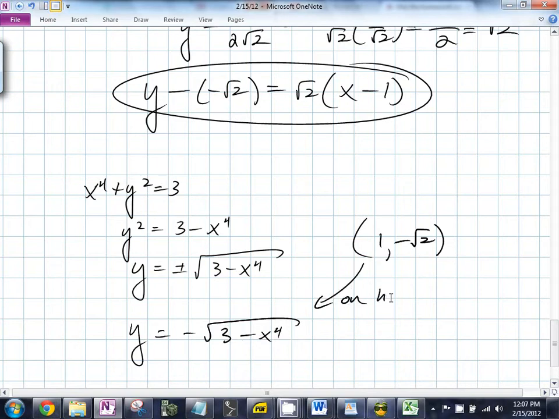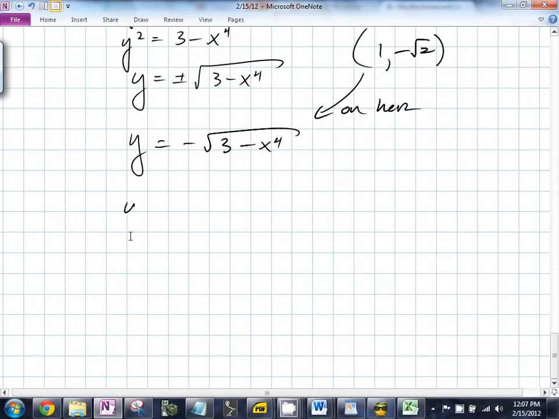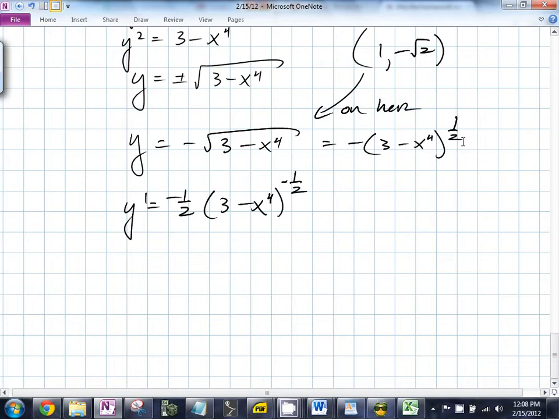So let's take the derivative of this one. It's going to be y prime is equal to negative 1/2, 3 minus x to the fourth to the negative 1/2 power, times 4x cubed.